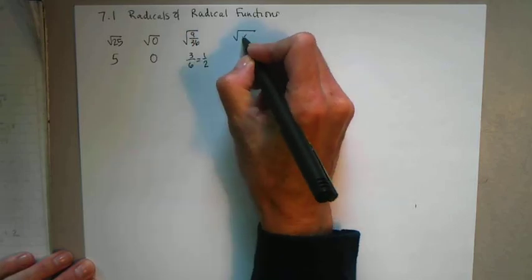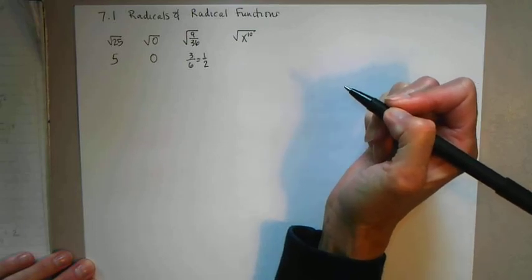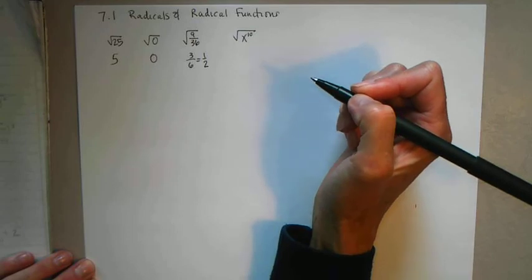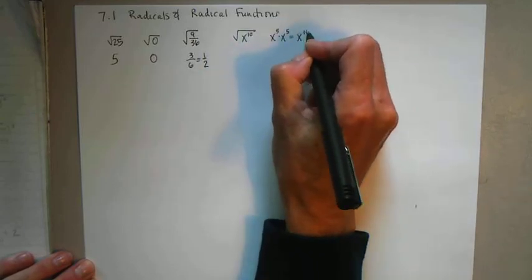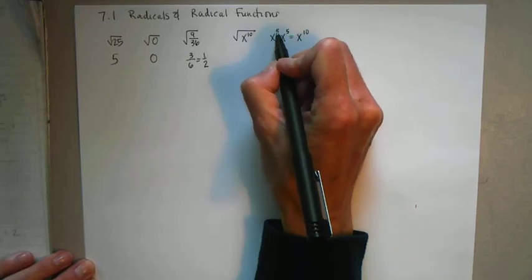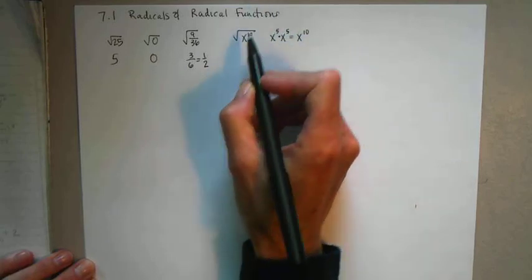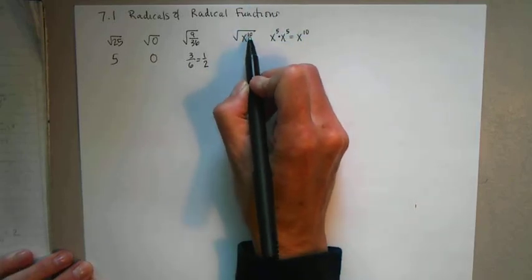What if you see a variable, like, for example, x to the 10th? Well, what times itself is x to the 10th? Well, you might know it, x to the 5th is x to the 10th, because remember that you add exponents when you multiply the base. You don't multiply them. So, all you have to do to take the square root is just take half of the exponent, whatever it is.